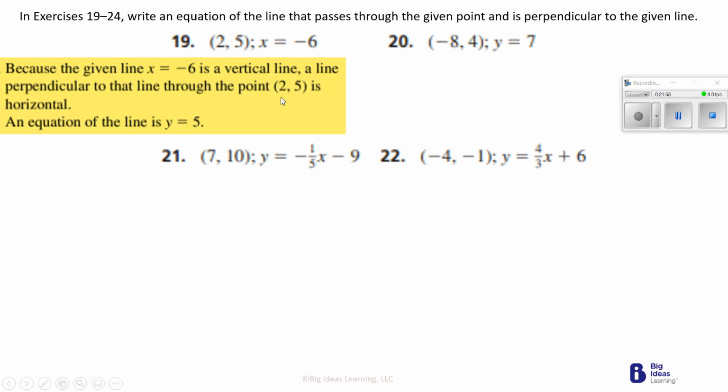So when it's parallel, we're looking at the same x. But when it's perpendicular, we're looking at y when they give us x, right? Y equals 5.